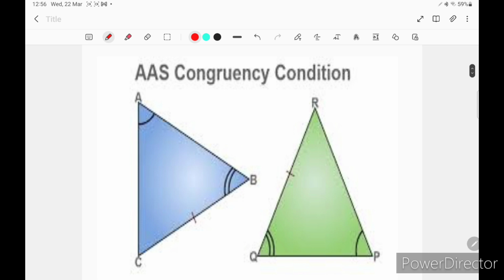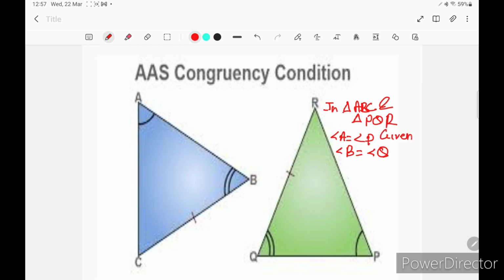Second is your AAS congruency condition. First of all, how to solve? You have to write, in triangle ABC and triangle PQR, what is given? Angle A is equal to angle P. Angle B is equal to angle Q. Two angles are already given.